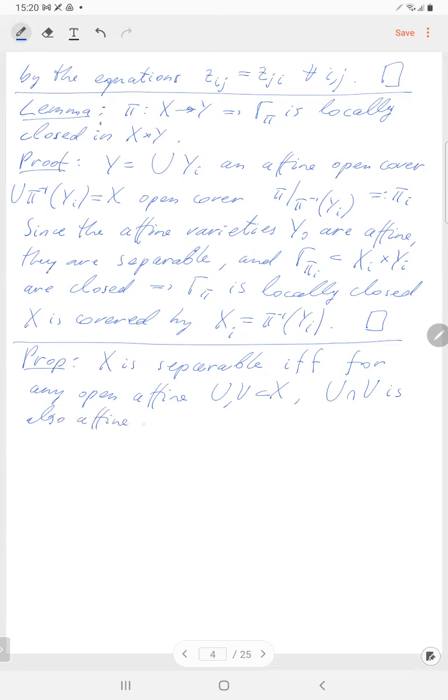But that's not enough. We also need that the natural restriction morphism from the product to the intersection is surjective.